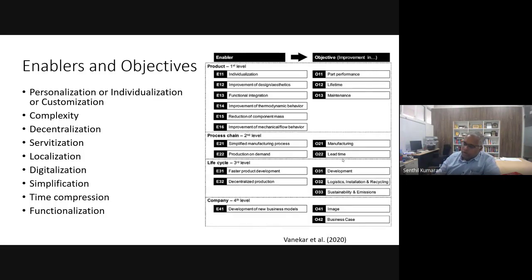And once they go into sustainability, they find other issues there, right? So that's what we are seeing here. So performance, time, and then maintenance cost, lead time, development, sustainability and emissions. And finally, what they do is greenwashing. I don't know how many of you know about this. This is nothing but brand image. Everything they put green is only for improving their brand image.